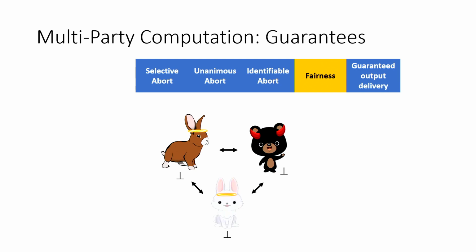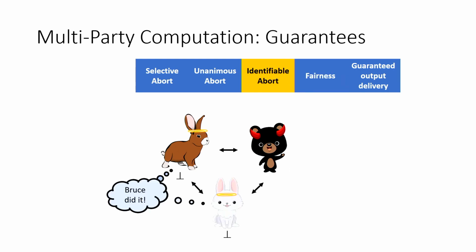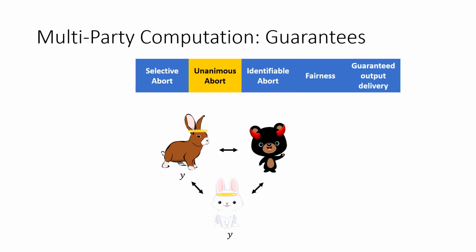Then we can consider an incomparable notion, identifiable abort, which says that if the adversary aborts, it is still allowed to recover the output, but at this point all the parties unanimously abort and identify who caused the computation to abort. Then there is unanimous abort, which has the same guarantee as identifiable abort, but without the identifiability property.